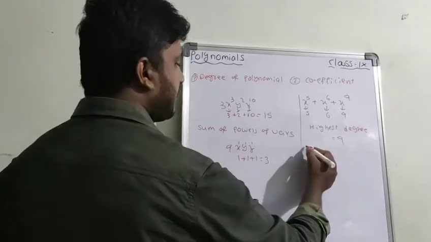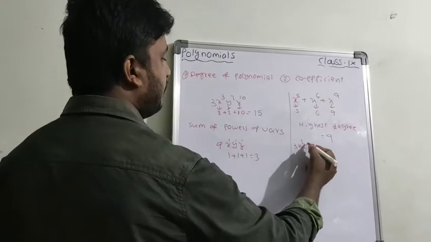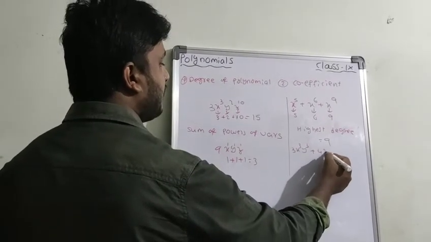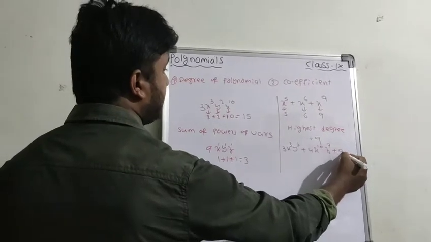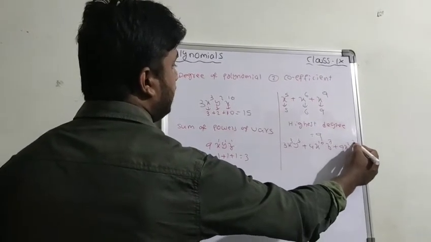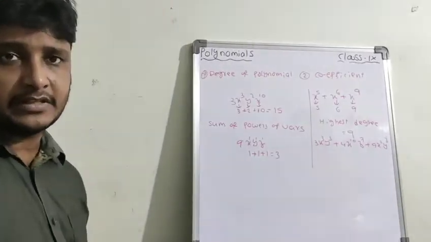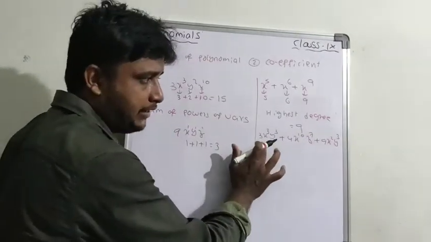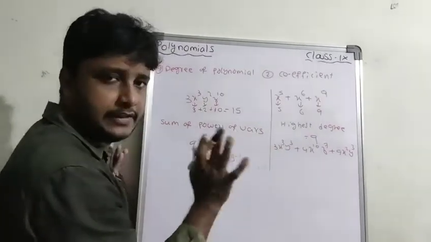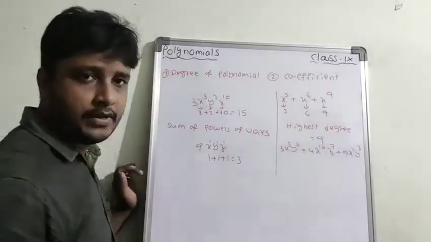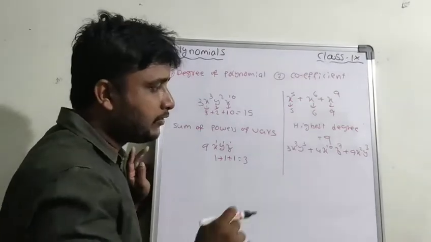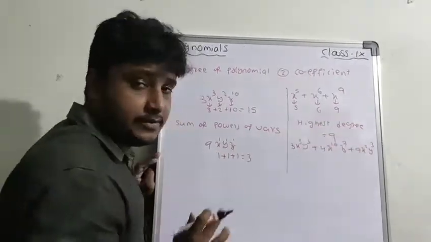Sometimes, say for example, 3x square y cube plus 4 x power 10 z power 7 plus 9 x square y cube, these types of algebraic expressions are there. First check whether it is a polynomial or not. Yes, 3, 3, 10, 7, 2, 3, polynomial only. Here we have 3 terms.